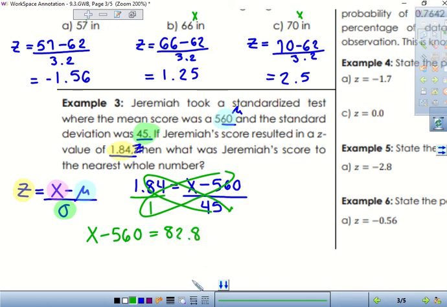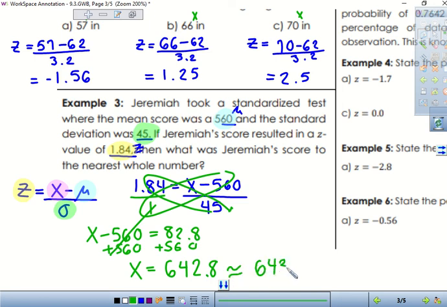And then what will be my last step to solve for x? Good. We add the 560 to both sides, and we get x equals 642.8, which is approximately 643 because they told me to round to the nearest whole number.